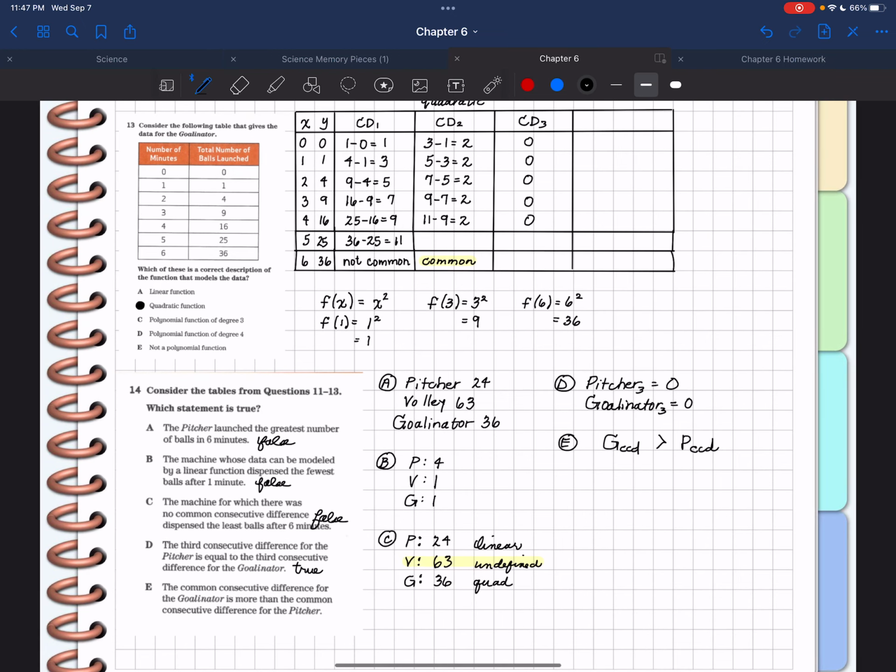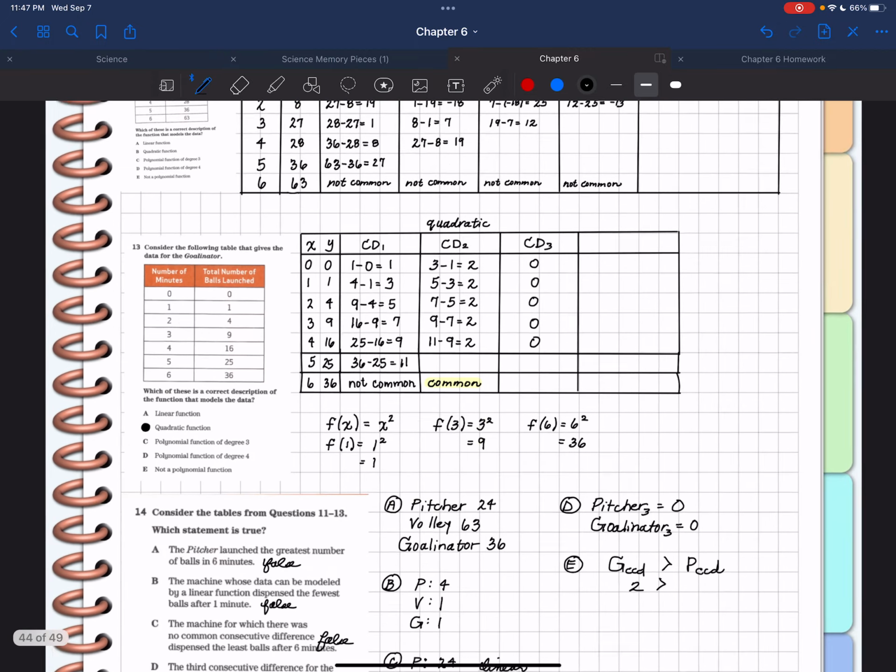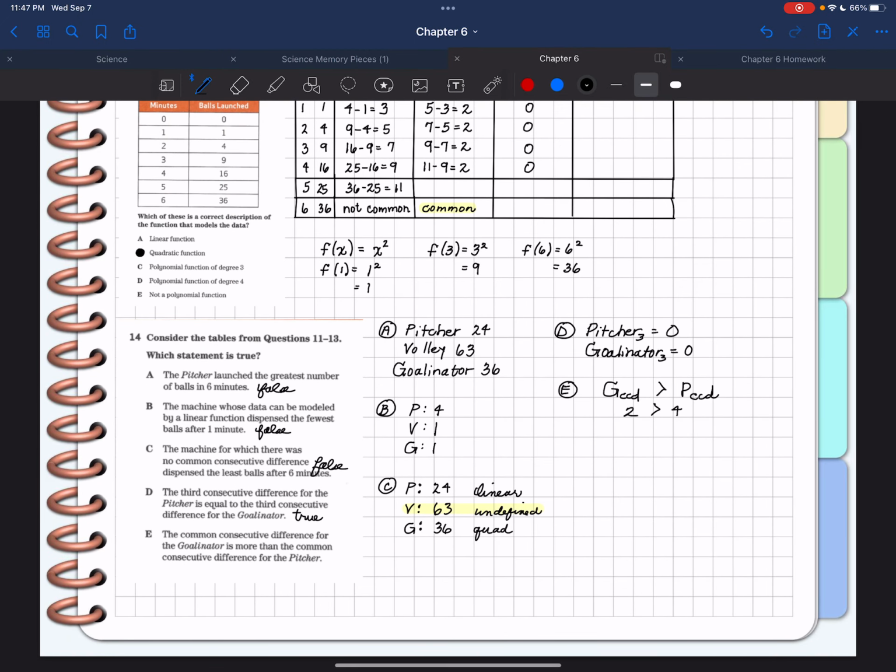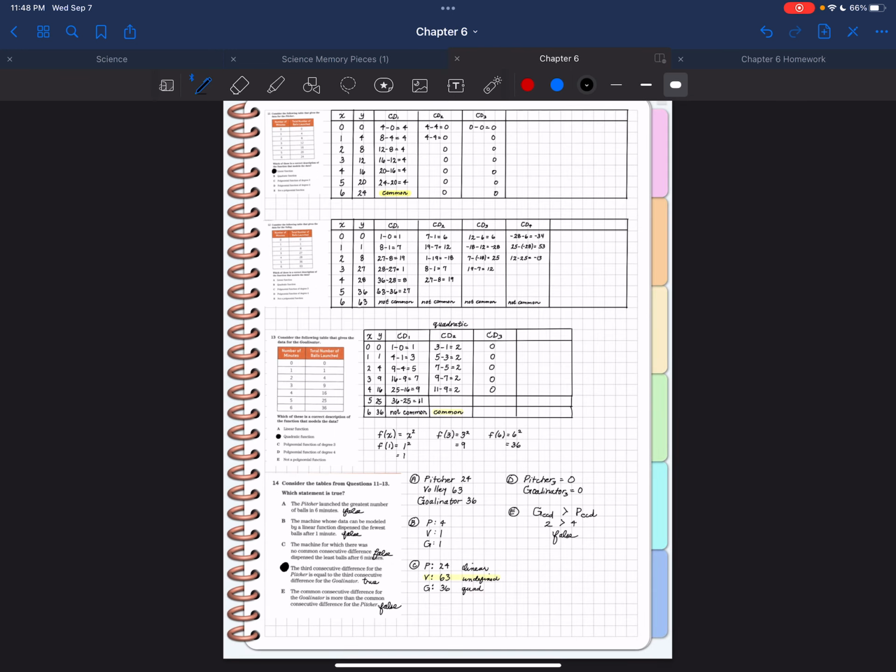So the goalinator's common consecutive difference is 2. The pitcher's is 4. 2 is greater than 4. That's a false statement. So the one that we want to choose is D, as in dog.